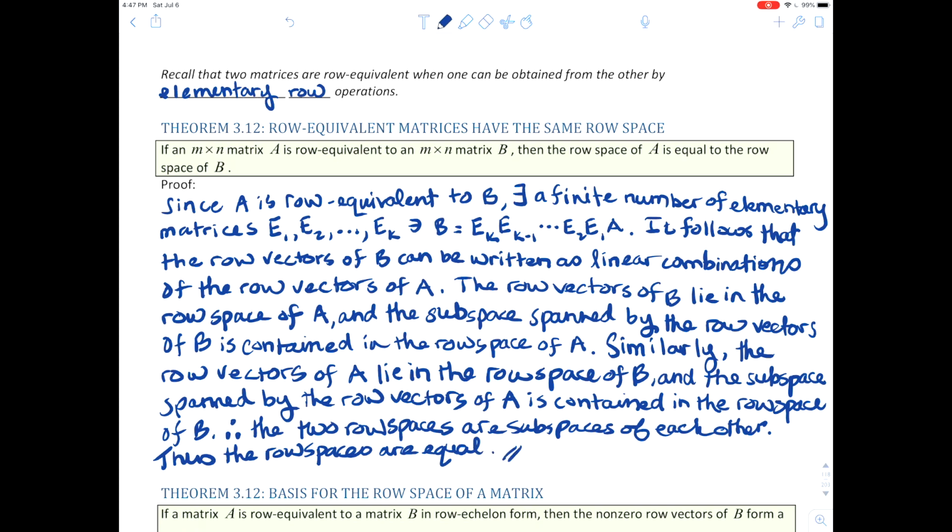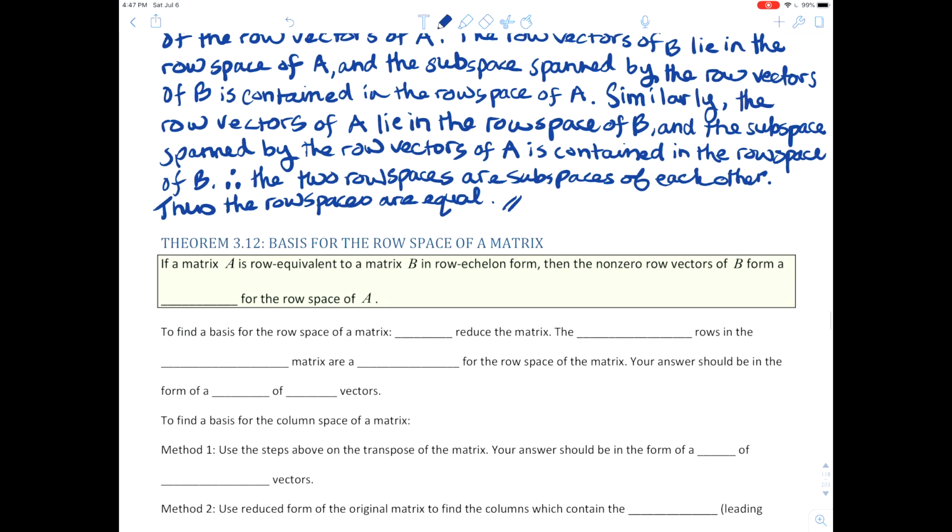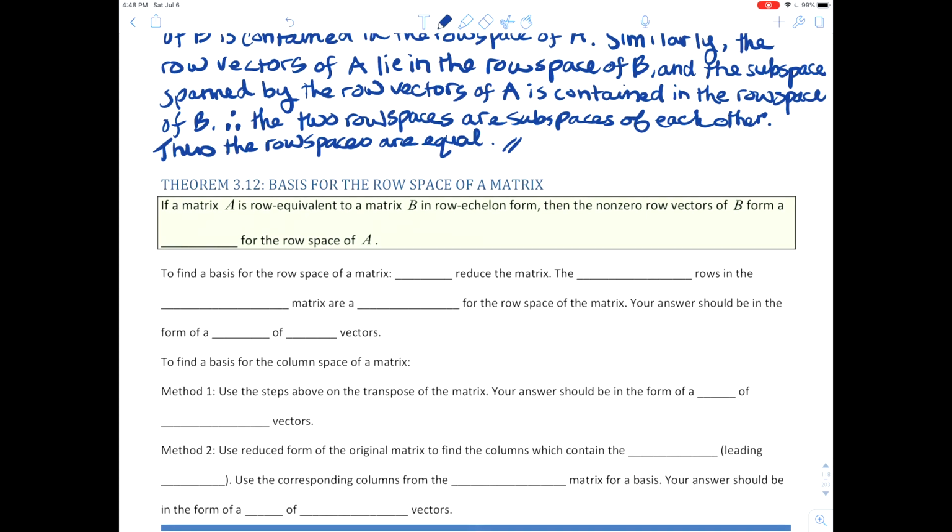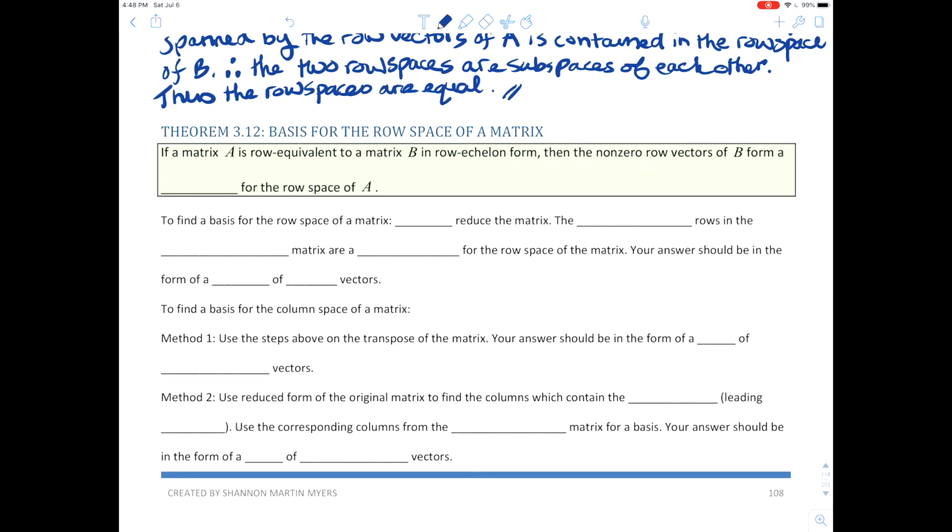Cool? All right. So our next theorem is called the basis for the row space of a matrix. If a matrix A is row equivalent to a matrix B in row echelon form, then the non-zero row vectors of B form a basis for the row space of A. Okay, so here's how we do it.